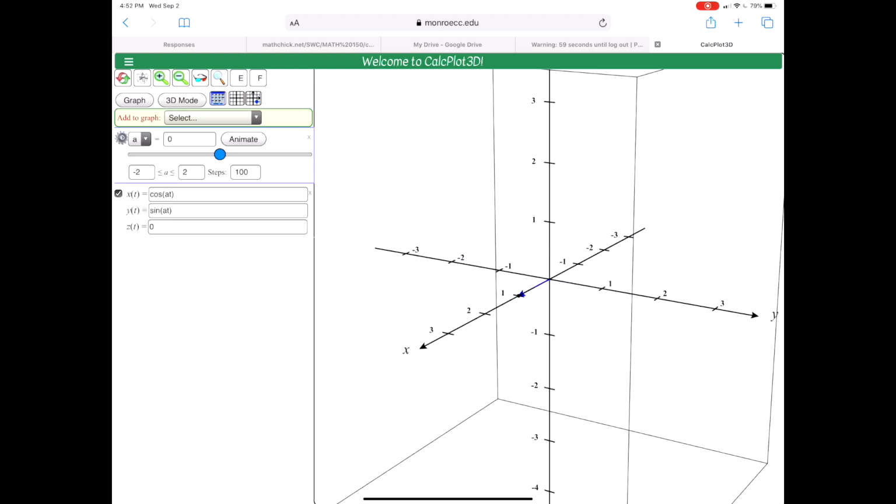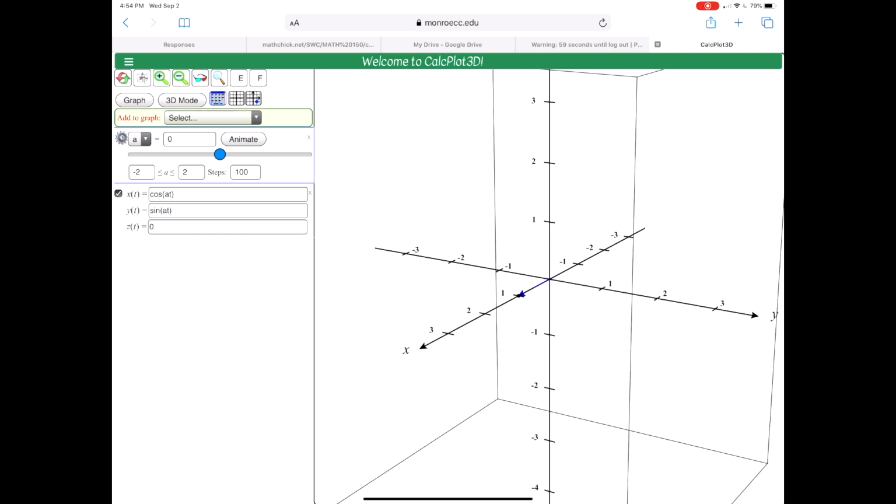So right at 0, we have none of the circle sketched. Does that make sense? We haven't created any of this circle. We have this vector here, and the vector is just the i vector, right? Because cosine at 0 is going to be 1. So you would just get 1 times i. So this is what it starts out with.